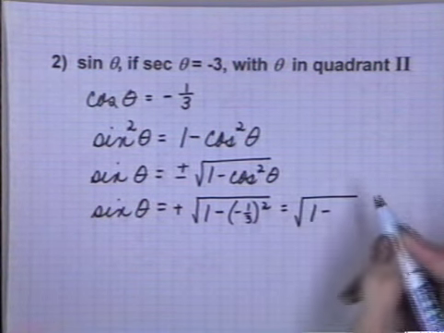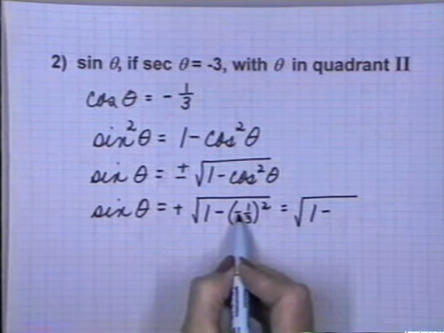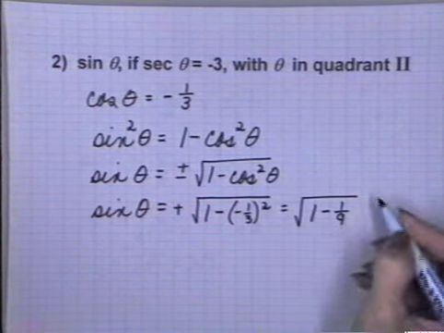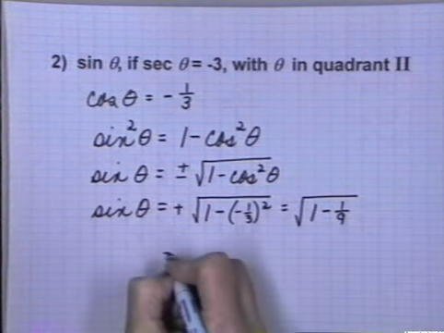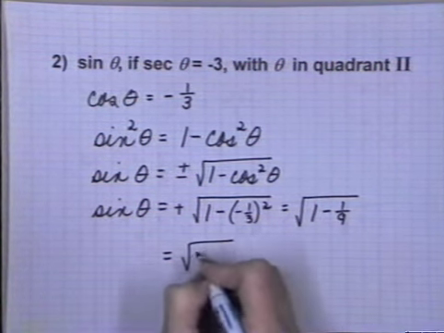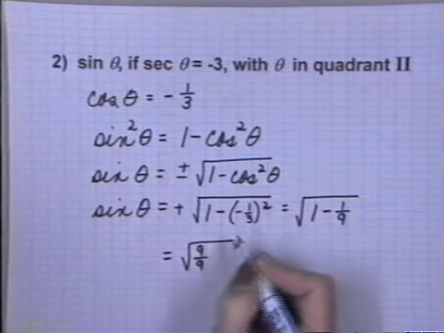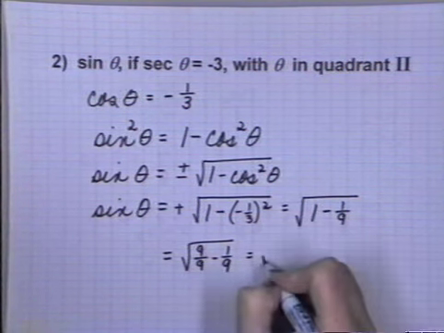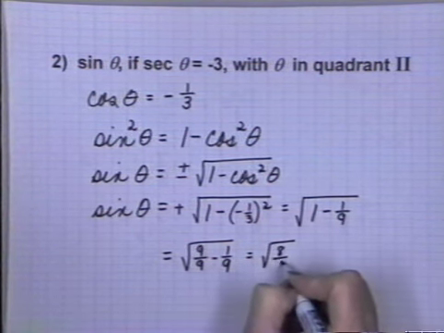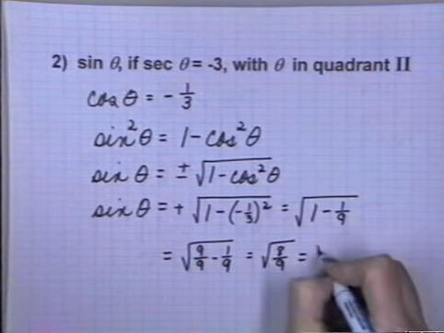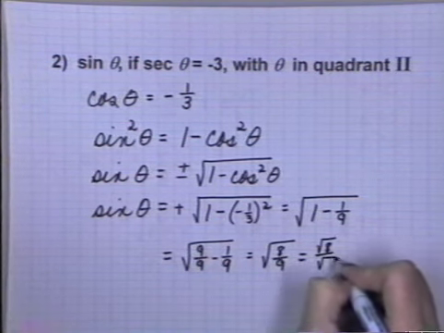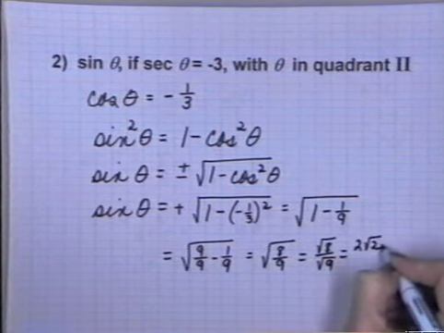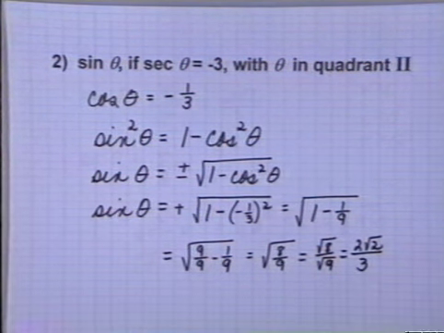So I will have 1 minus, once again a negative squared is a positive, 1 squared is 1, and 3 squared is 9. And so my 1 is 9/9. I will subtract the 1/9 from it. I will get the square root of 8/9. And then when I simplify, I will get 2 square root of 2 divided by 3.